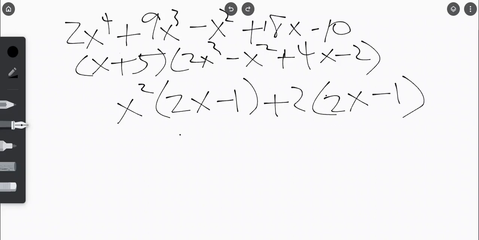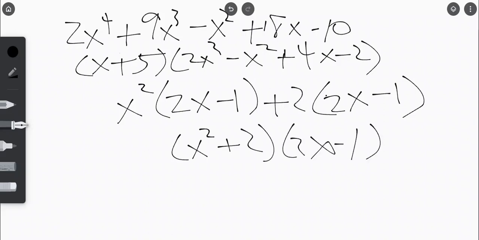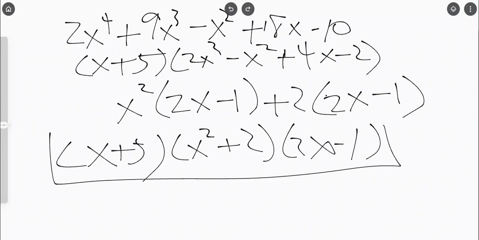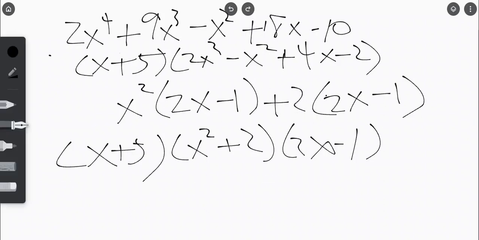And now we can rewrite this as x squared plus 2 times 2x minus 1. And this whole thing is being multiplied by x plus 5. And because this quadratic term cannot be simplified further, we are done. We factored this fourth degree polynomial completely by using the rational root theorem.